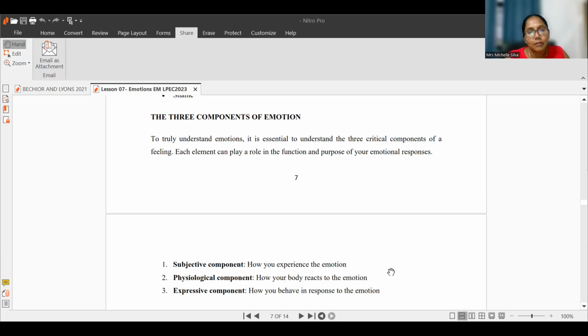So basically, how you experience the emotion means, simply, most of the people and most of the organizations try to define it as subjective experience. In order to get an emotion we have to be exposed to a situation.